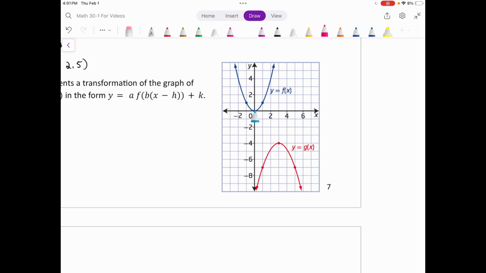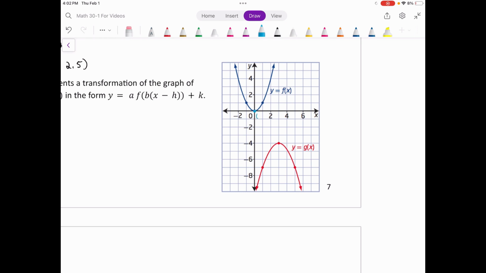And what's helpful about that for us here is that this shouldn't change from a vertical stretch, from a vertical reflection, or from a horizontal stretch, or from a horizontal reflection, right? So if this graph was horizontally or vertically stretched or reflected, that point (0, 0) should still be there, right?